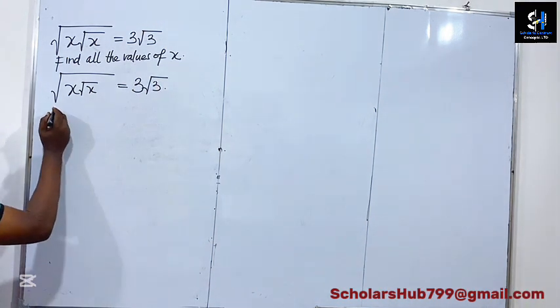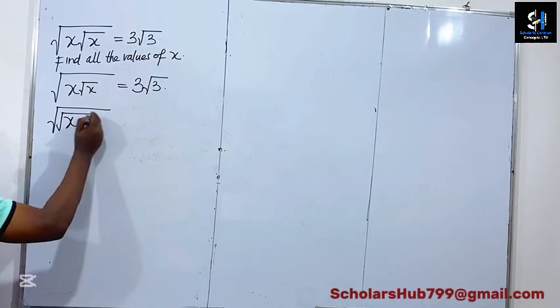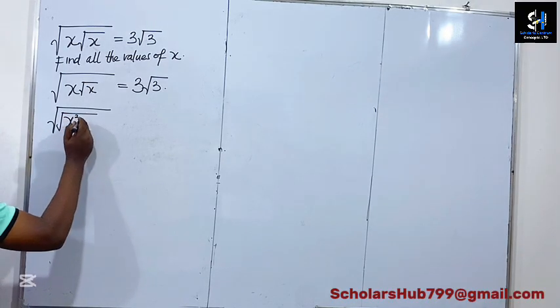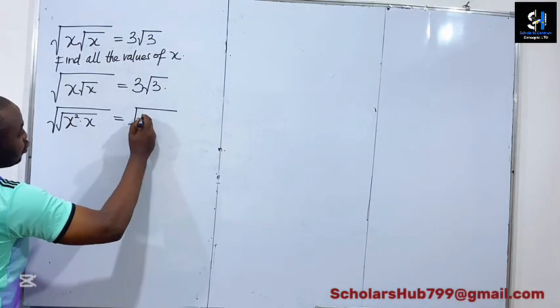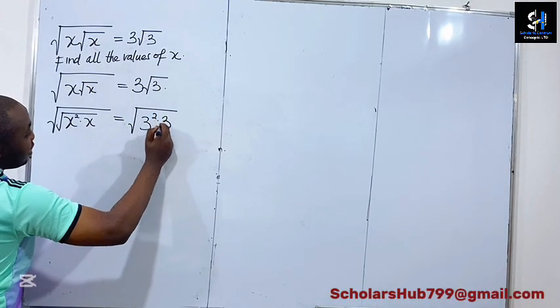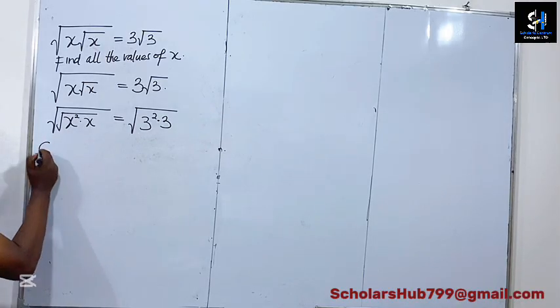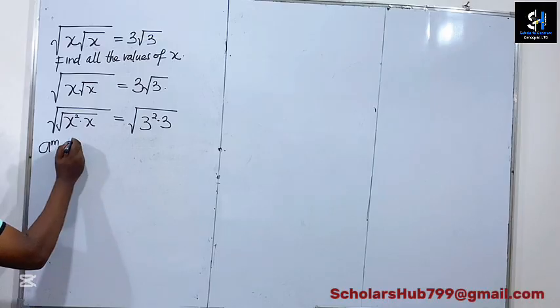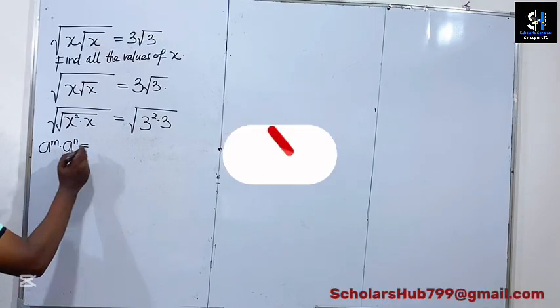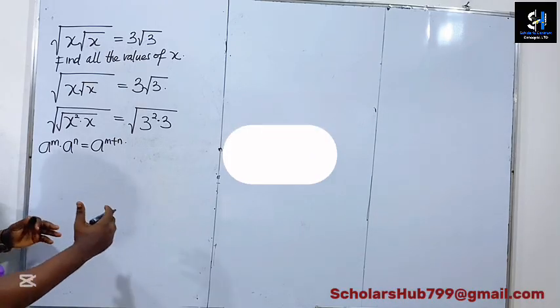Now this will be radical x, root x squared multiplied by x, equals square root of 3 squared multiplied by 3. Now we can apply the property a raised to the power of m multiplied by a raised to the power of n, which is a raised to the power of m plus n, the power rule for exponents.